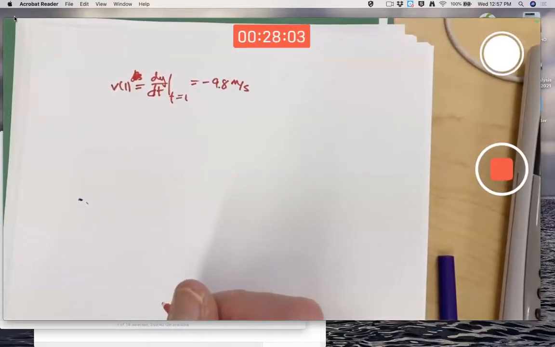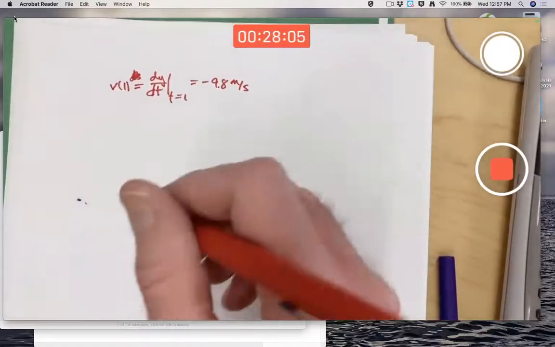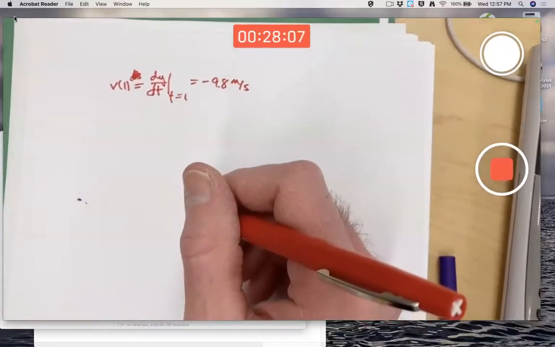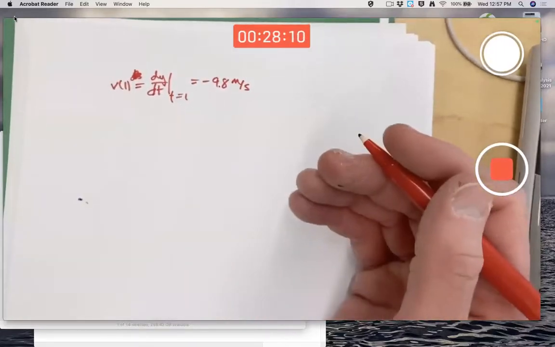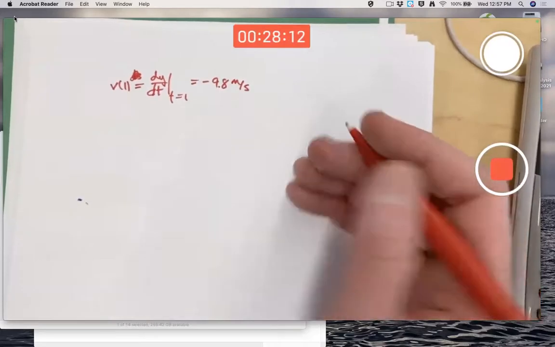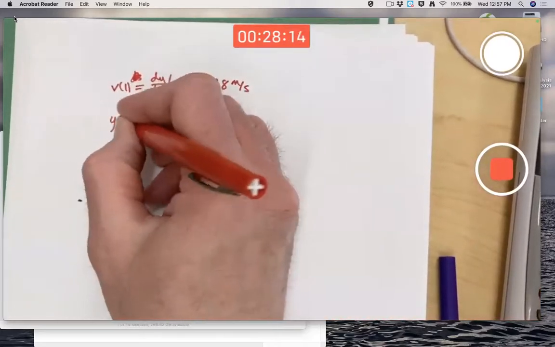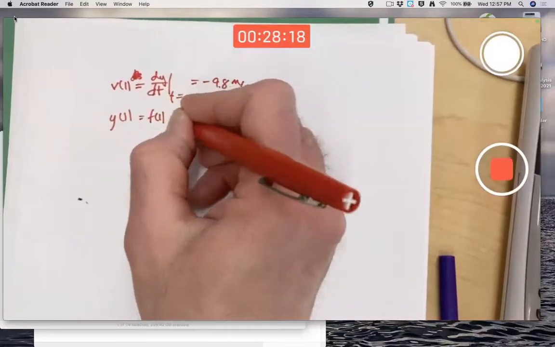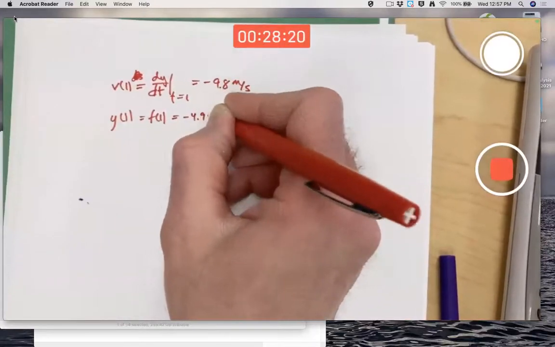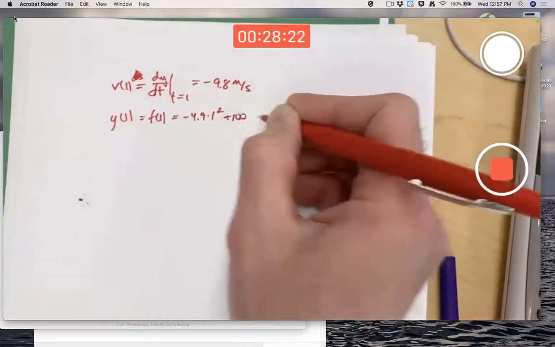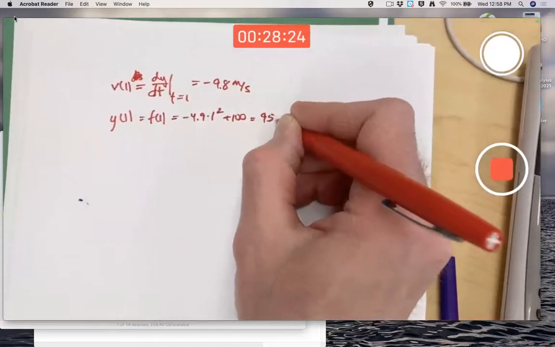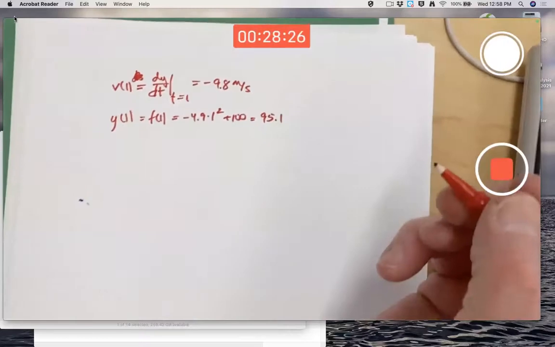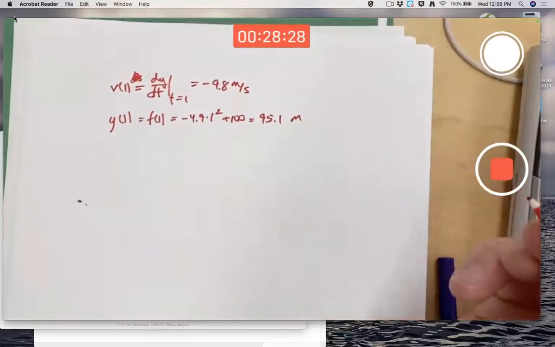We can then use this information to estimate the height at, say, time 1.1, for example. The height at time 1 is y of 1, f of 1, which was negative 4.9 times 1 squared plus 100, which is going to be 95.1 meters. That's a height.